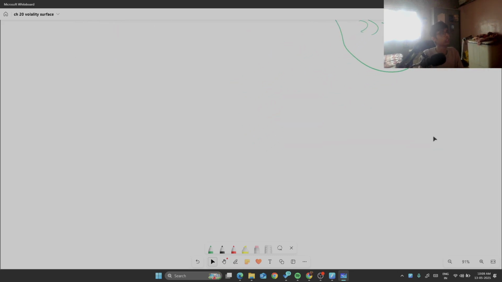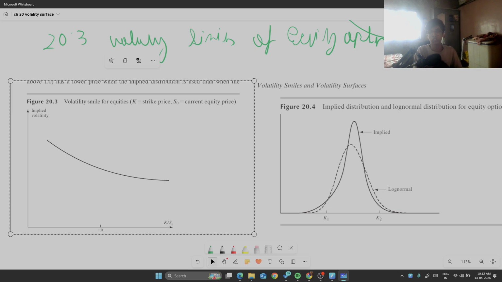Let's start with 20.3, volatility smile for equity options. So now we will see volatility smiles of equity options. Equity options are options on equity, but the change here is that the observed volatility smile is declining.